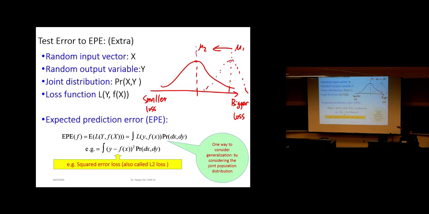What is EPE? EPE of f is the integral of the loss function over the joint distribution of x and y. I changed it from all the possible distributions, taking the integral, into just the training data D, because that's what I have.